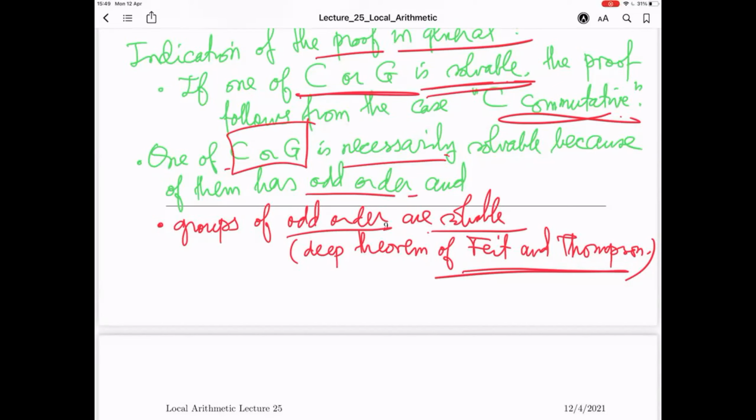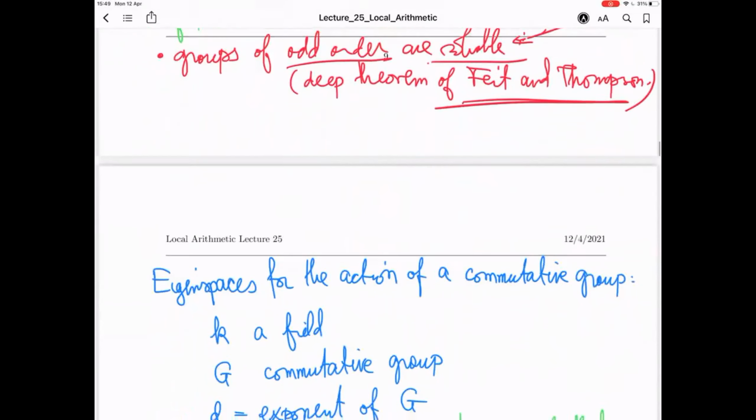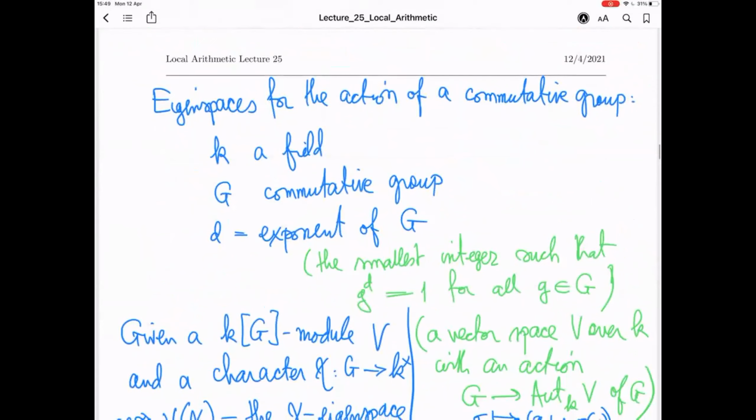Both of them cannot be of even order. So one of them is of odd order, then by Feit and Thompson, it's solvable. But by this previous case, solvable groups are covered. So that's the general idea.